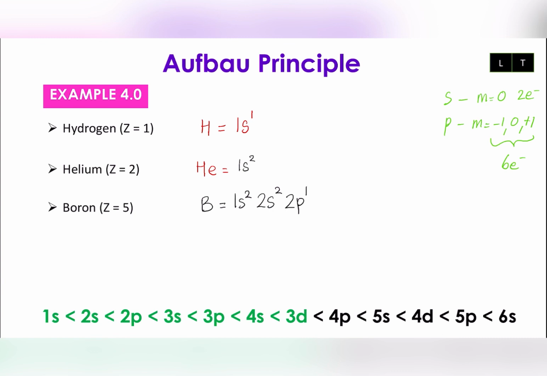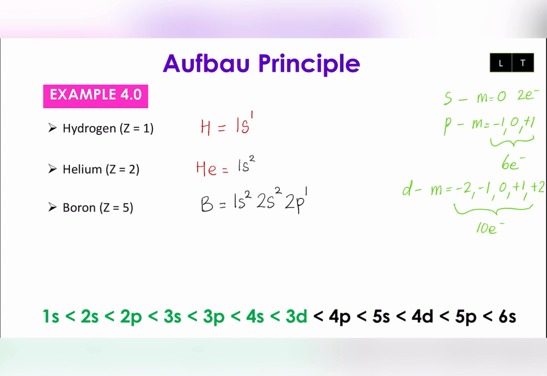How about the d orbital? We know that it has 5 orientations: -2, -1, 0, +1 and +2. So based on 5 orientations, we have 10 electrons maximum for the d orbitals.